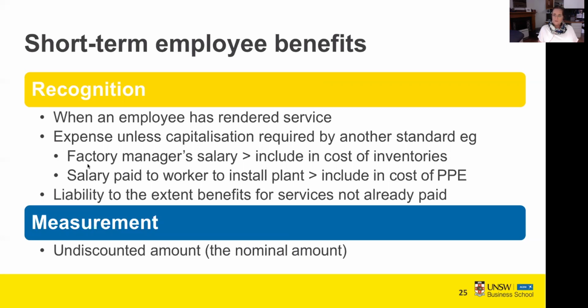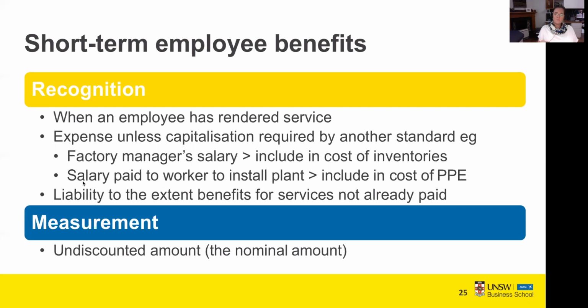This is consistent with the absorption costing approach that you would have studied in previous studies on management accounting. Similarly, if I was a worker that was involved in installing some type of plant and equipment, then in that case, the cost of my salaries and wages would be capitalised into the cost of the property, plant and equipment, because these installation costs are costs which are required to get the asset into a state where it is ready for use.